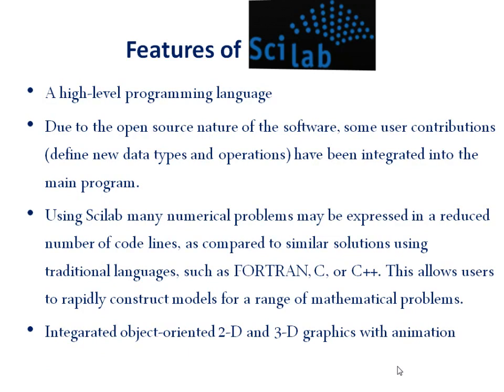The features of Scilab. Scilab is a high-level programming language. Due to the open source nature of the software, some user contributions like defining new data types and operations have been integrated into the main program.